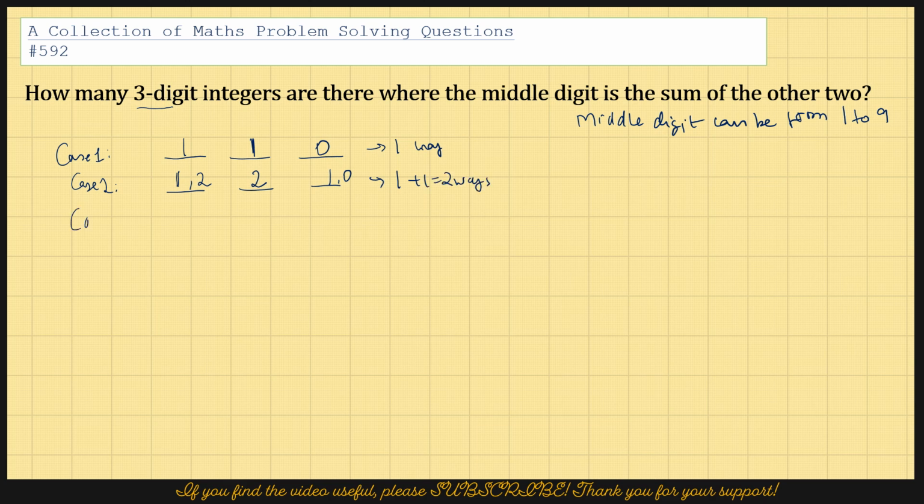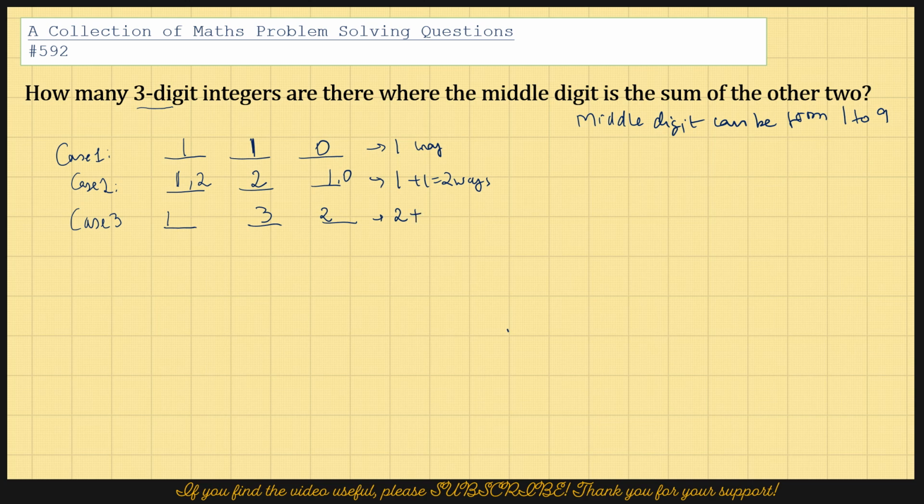Then case 3, where the middle digit is 3. If you start with 1, you can have a 2, since 1 plus 2 is 3. They can swap places, so there are 2 ways.